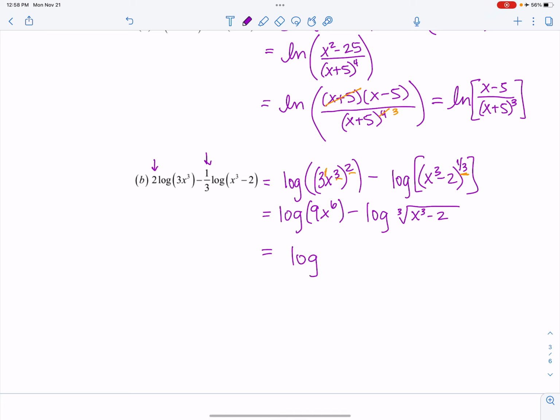Log of 9x to the 6th power over the cube root of x cubed minus 2. This is all inside of this log. And that is as far as we can go. We've brought it all the way down to 1 log. And that was our goal, to write it as 1 log.